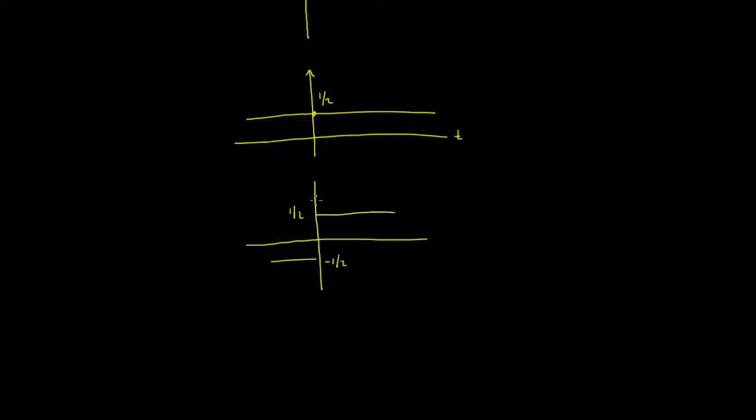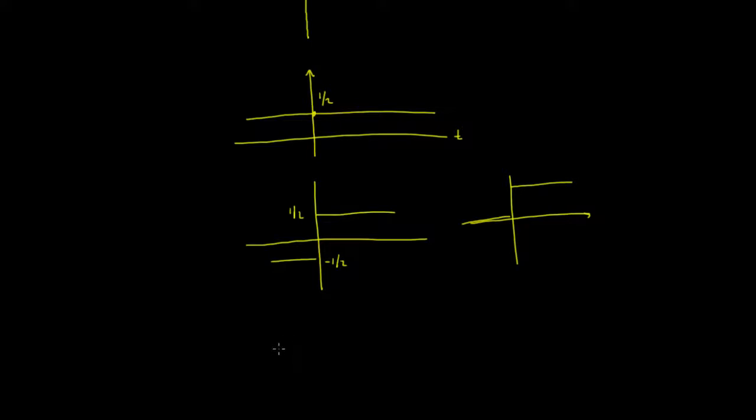So when you add this to this, you'll get a half plus a half, so you'll get 1, and you'll get minus a half plus a half, so you'll get 0. So we get 0 back here, and that gives us our function.